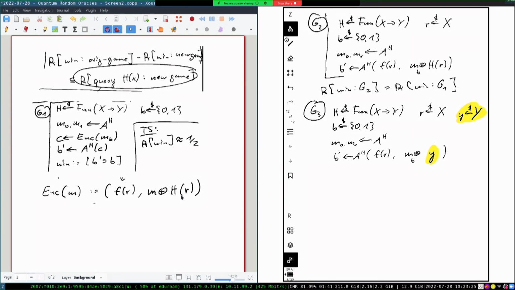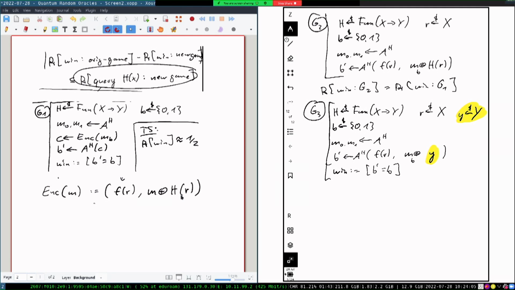So we get this game. What we need to see is, of course, that game 3 is indistinguishable from game 2, so that the winning probability does not change much. Oh, I forgot the winning. Oh, I forgot it also up there. I mean, it should be everywhere. So we need to show that the winning probability doesn't change much. I will come to this afterwards, but first let me wrap up the rest of the proof.